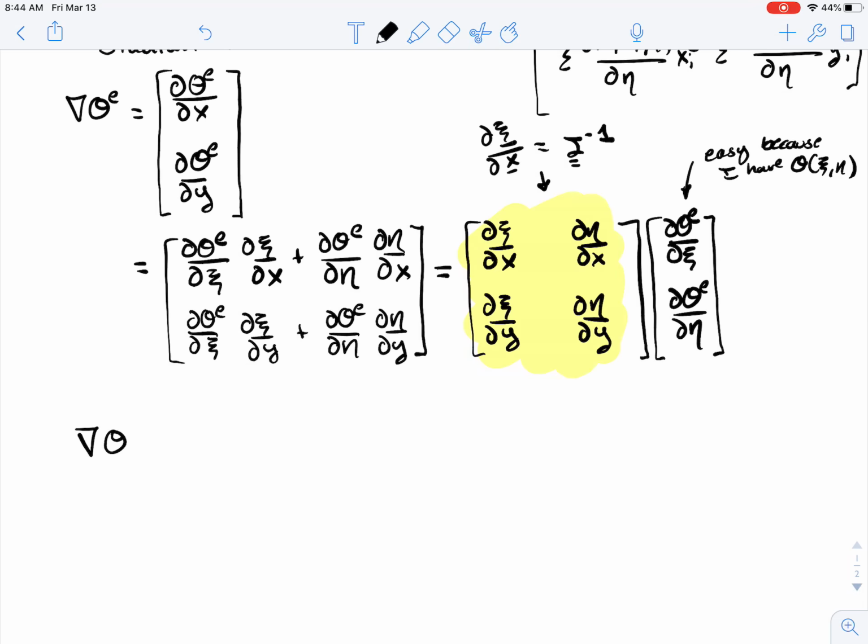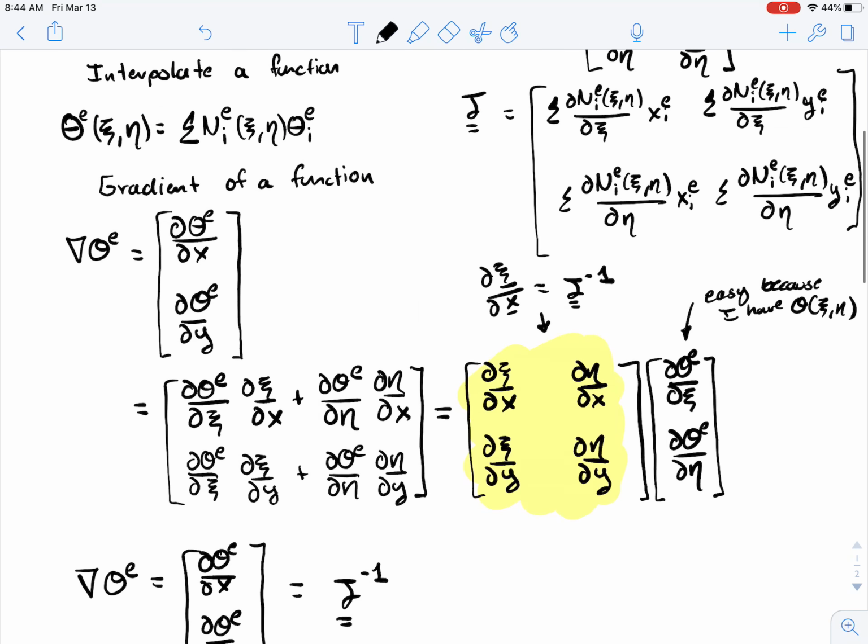So just a recap. If I want to get the gradient of theta e, meaning I want the derivative of theta e with respect to x and the derivative of theta e with respect to y, what I need is the inverse of the Jacobian. And the Jacobian matrix I can calculate because I only need basically x and y coordinates and derivatives of shape functions, and I should have that.